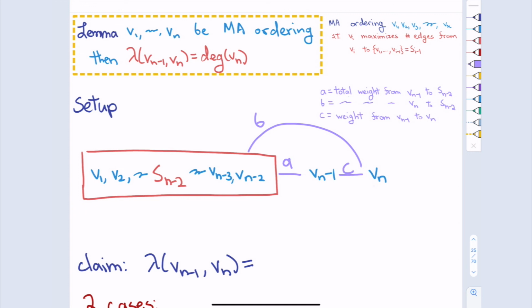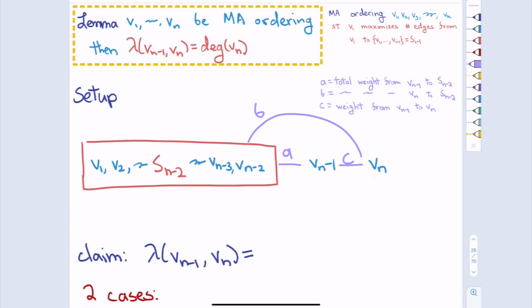For example, just to get some sense of the notation, because Vn minus 1 was chosen before Vn in the ordering, I immediately know that A is bigger than B, because Vn minus 1 was supposed to have the most weight to the preceding n minus 2 vertices.